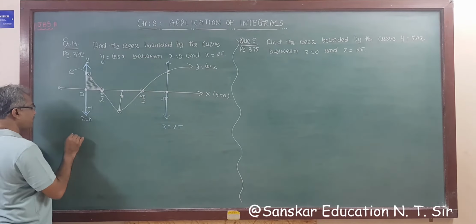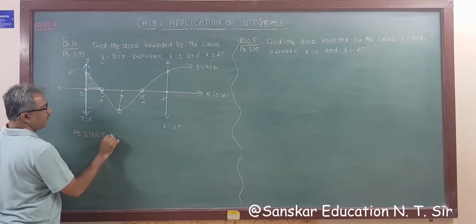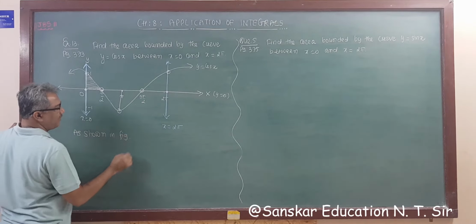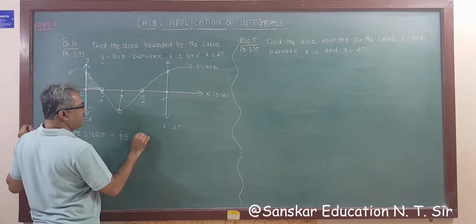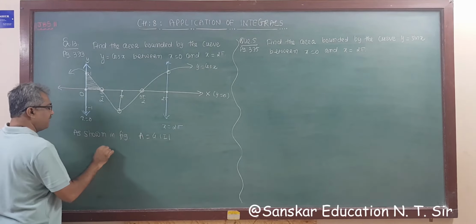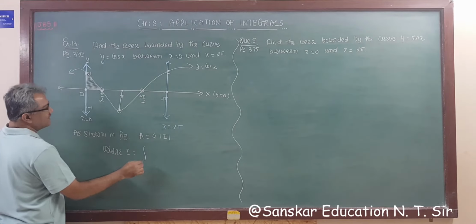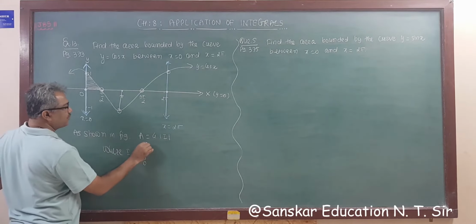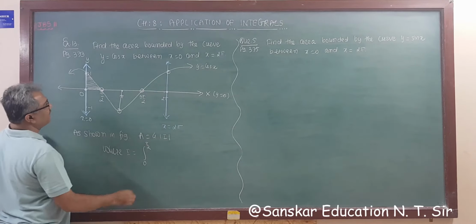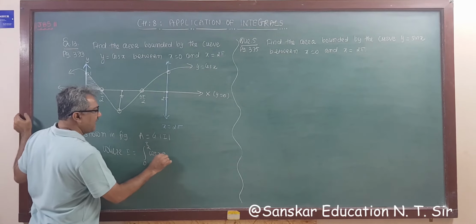So as shown in the figure, A is equal to 4 times I, where I is the integration from 0 to pi by 2 of y dx, that is cos x dx.